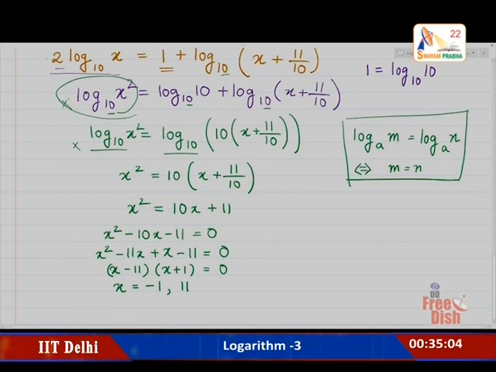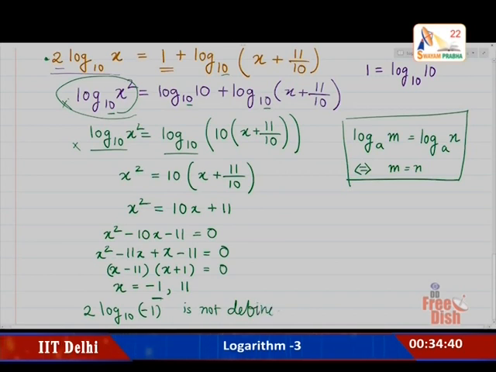So you will feed back into the original expression. If you feed this value of minus 1 into the original expression, which is this, then what do you get? It is 2 times log to the base 10 of minus 1. This particular log is not defined.